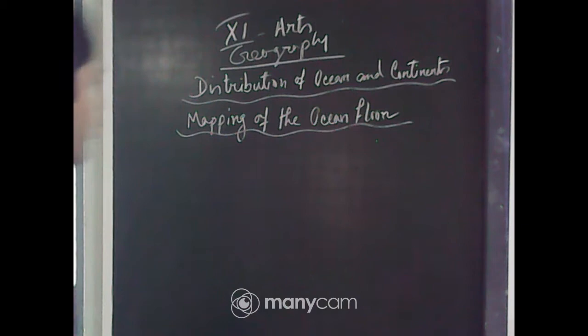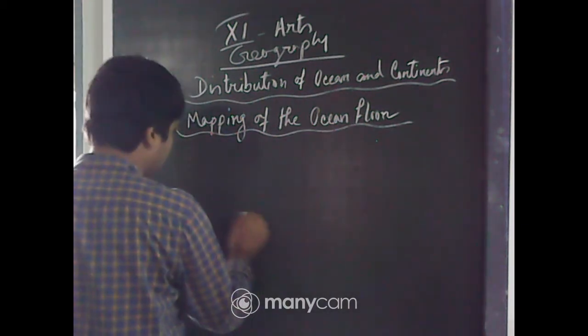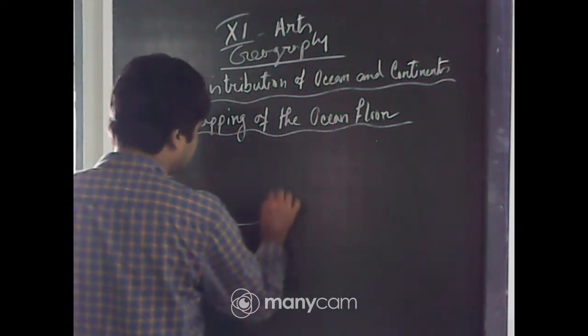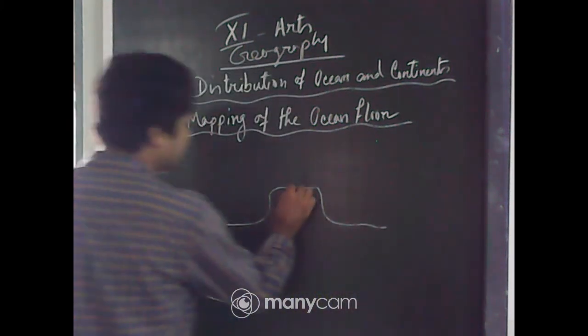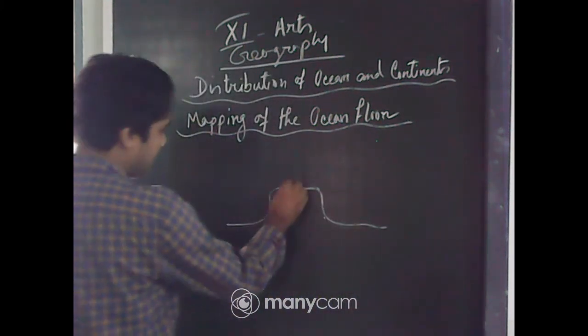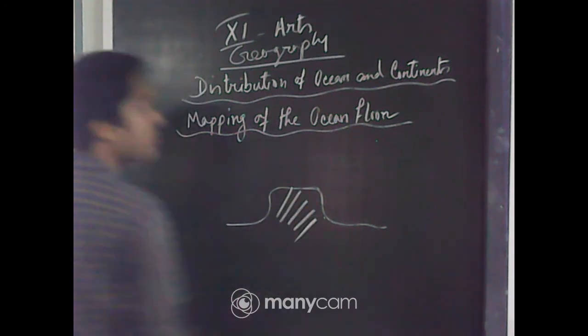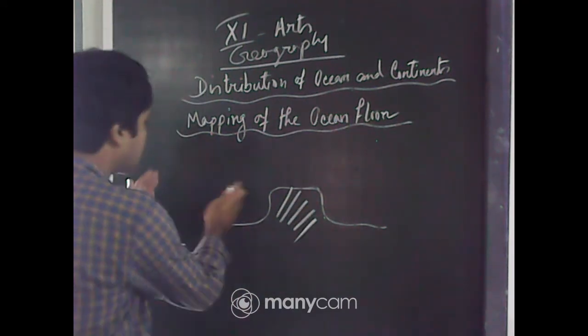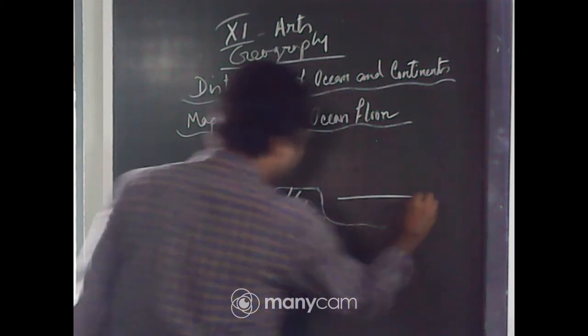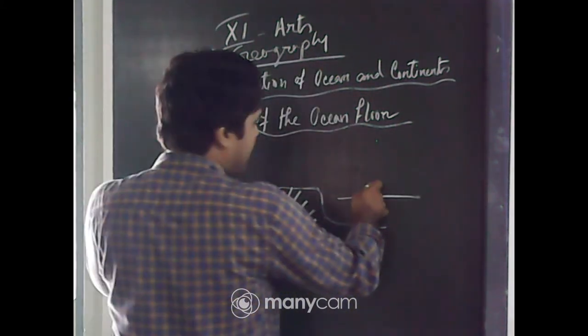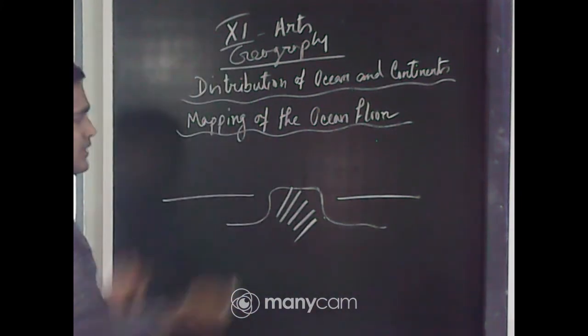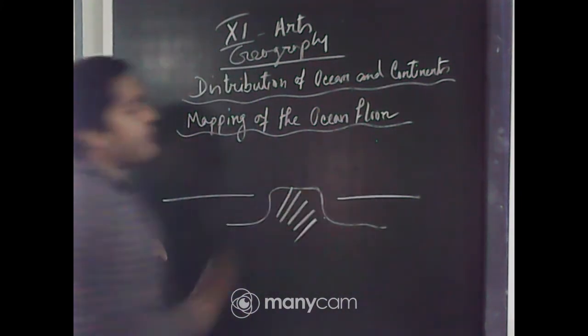Suppose under the ocean floor, suppose this is the mid-oceanic ridge, this portion. Both sides of mid-oceanic ridge, that region and that region, these two parts, they have similarity.